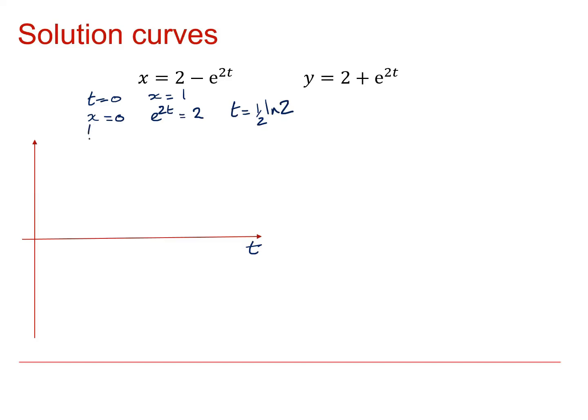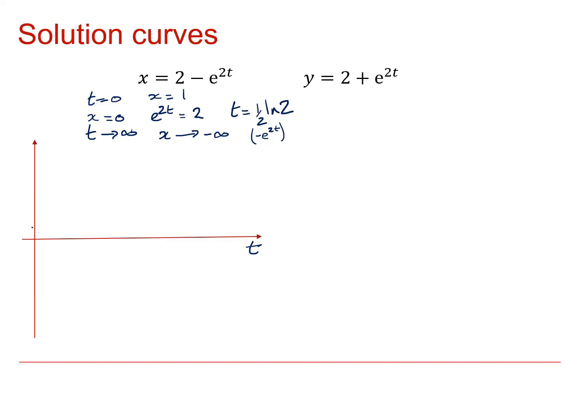The other thing to think about is what happens for large t. As t tends to infinity, this thing is going to become very large. So x is going to go towards minus infinity, but more importantly, it's going to behave like minus e to the 2t.